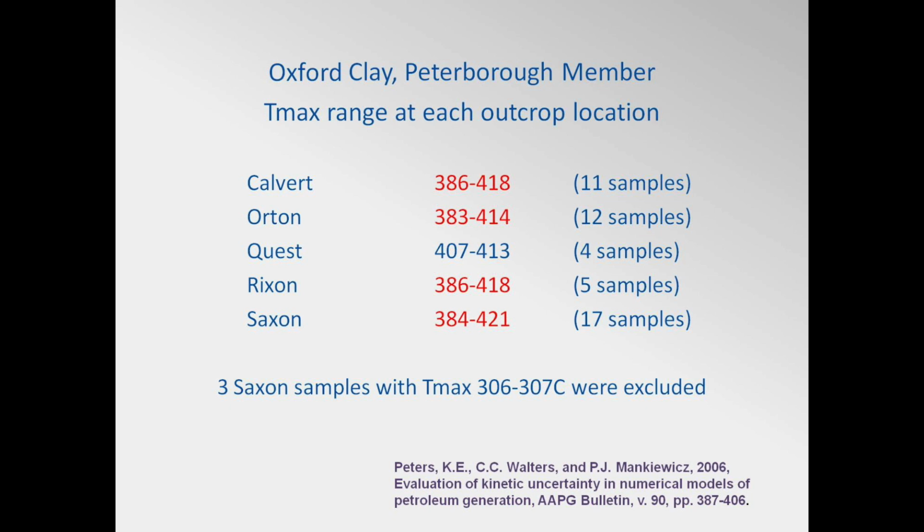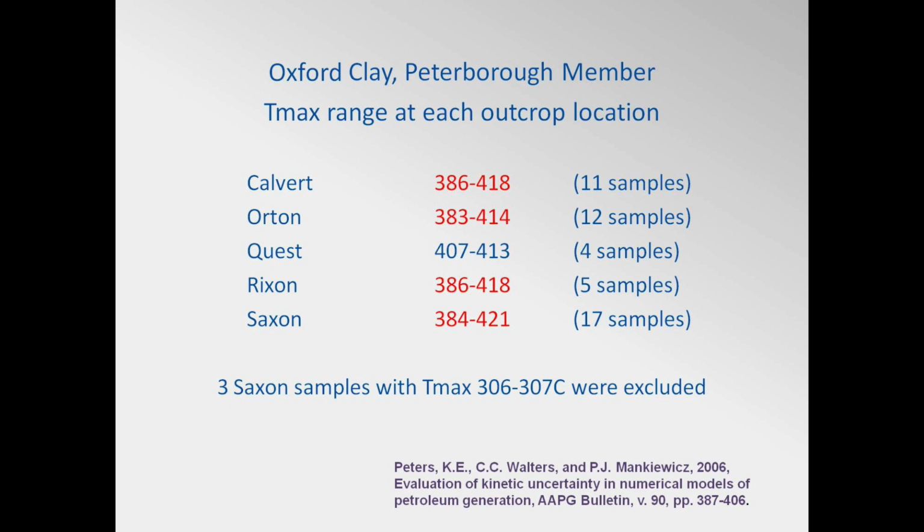But in fact, surprisingly perhaps, the Tmax values of samples at each location are highly variable, as shown here. Of the 5 sample locations, only one, Quest, with only 4 samples, has reasonably consistent Tmax values. At the other locations, Tmax values are highly variable.